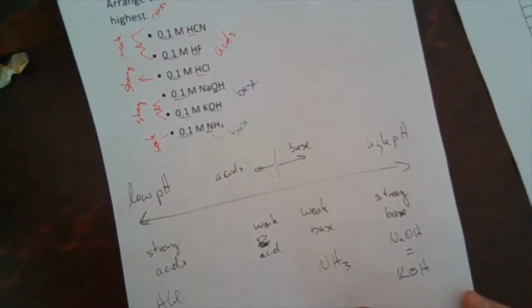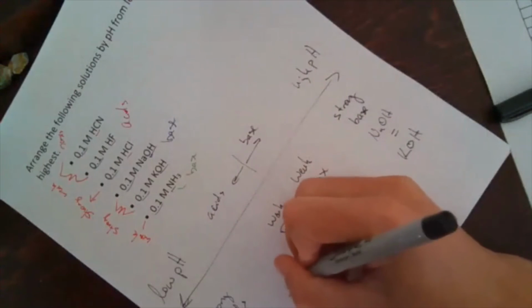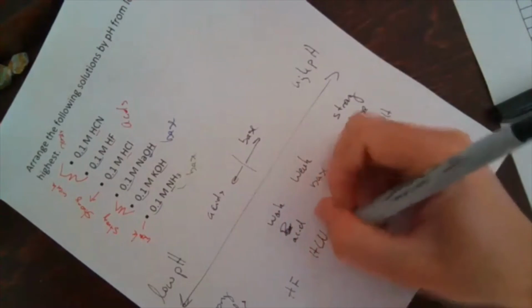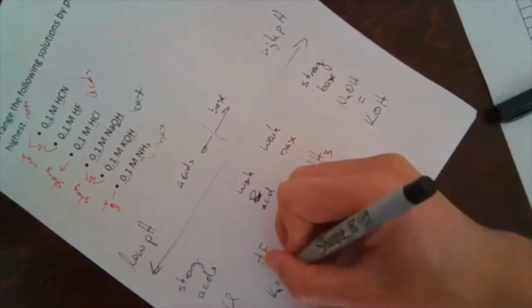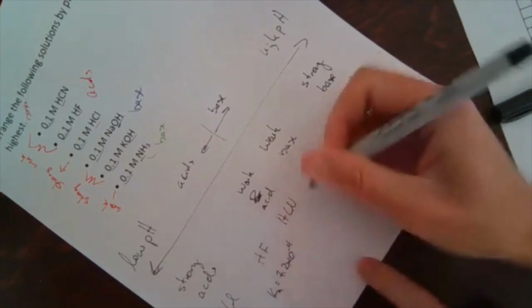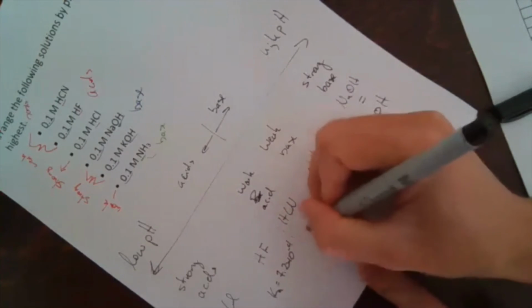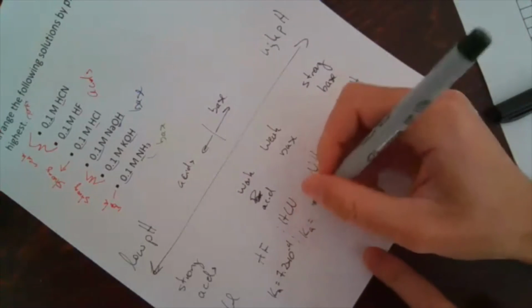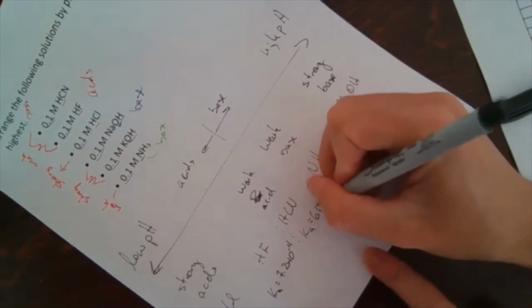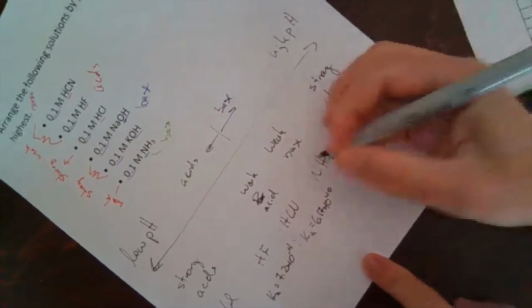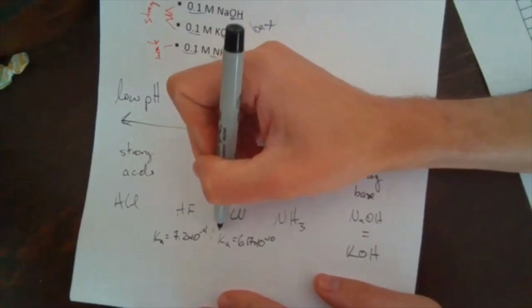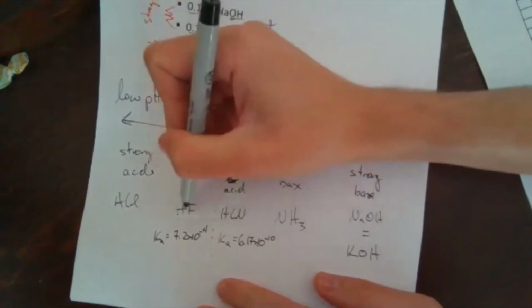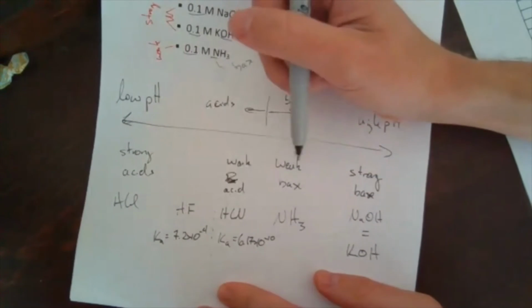So the relative ordering would be HF and then HCN, because the Ka of HF was 7.2 times 10 to the negative 4, and for HCN, Ka was equal to 6.17 times 10 to the negative 10. And because negative 4 is less negative than negative 10, HF is a stronger acid than HCN.